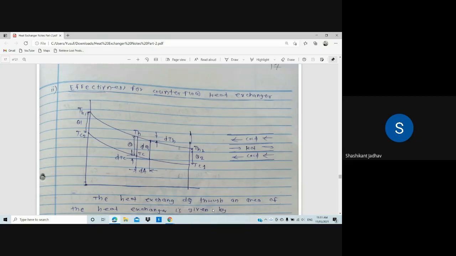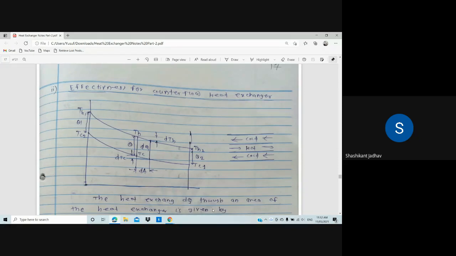Then we are considering one small elemental area having area dA. The temperature at that small element, the hot fluid temperature is TH, the cold fluid temperature is TC. That temperature difference TH minus TC is theta, and the temperature of the hot fluid reduces by dTH, and the temperature of the cold fluid increases by dTC.